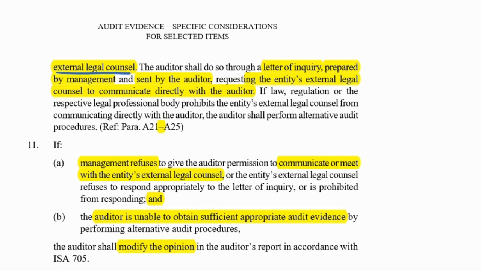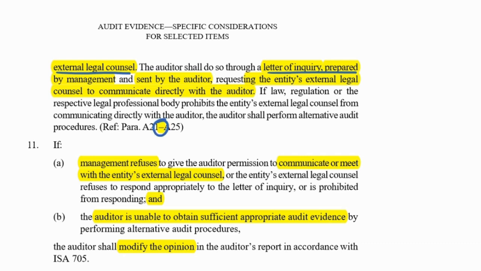Okay, how do we go about doing this? We get a letter prepared by management that details the litigations and claims that we send then to external legal counsel to prove or to let us know if there's additional legal litigations and claims that should be included.